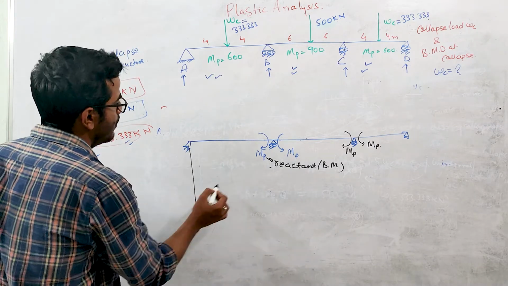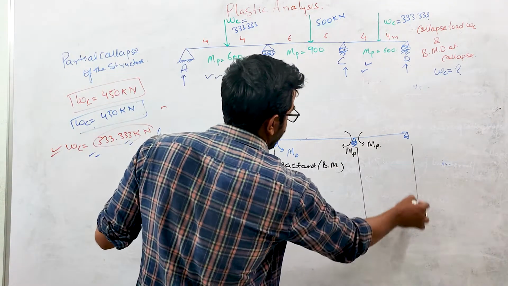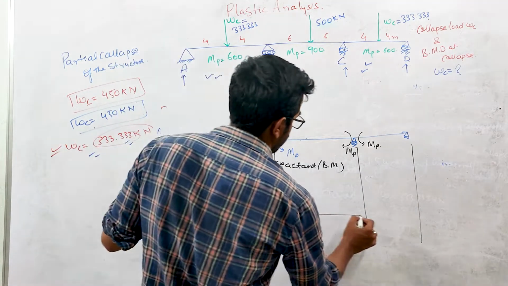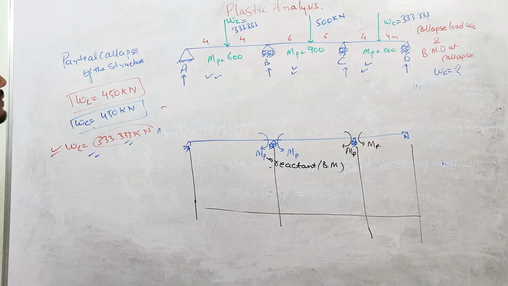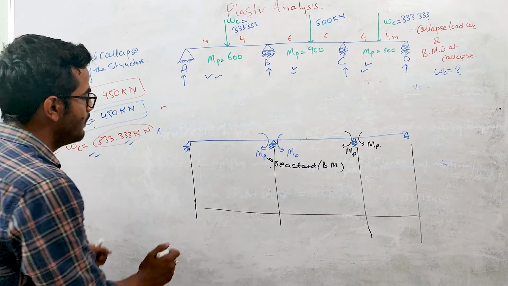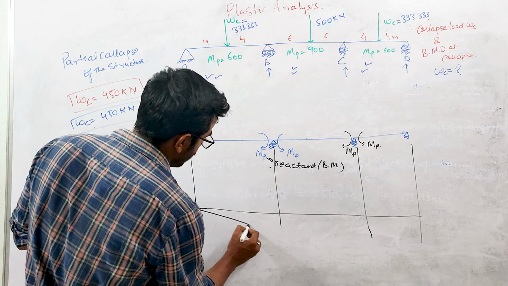So if you draw the bending moment diagram of these reactants only, considering these reactants, it will look like this.